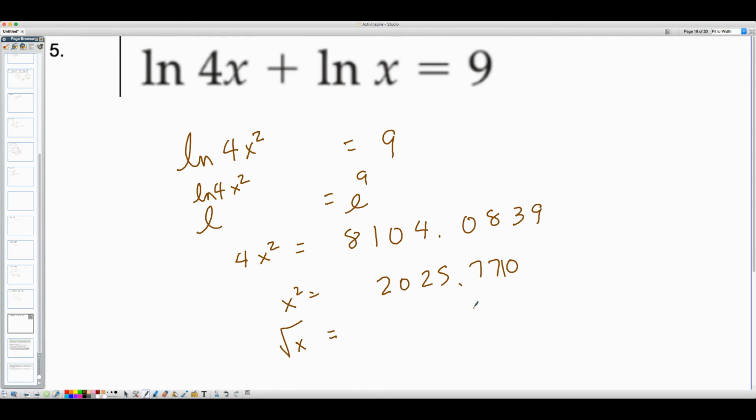The square root of 2025.7710 is equal to about 45. And it's going to be a plus or minus 45, but we're going to ignore the negative root because you can't have a natural log of a negative number.